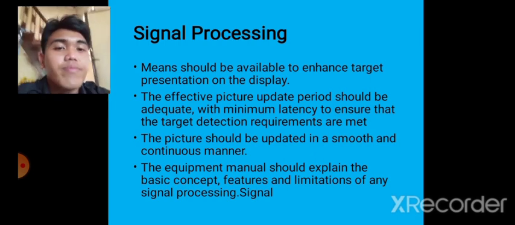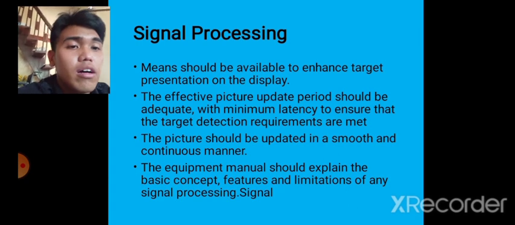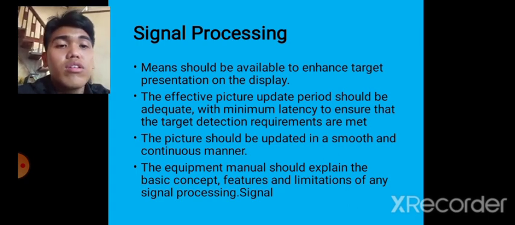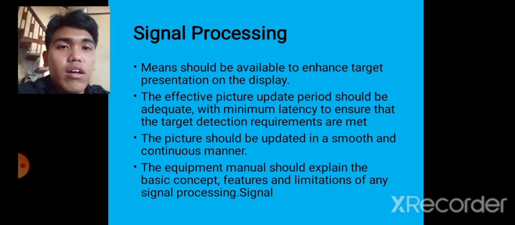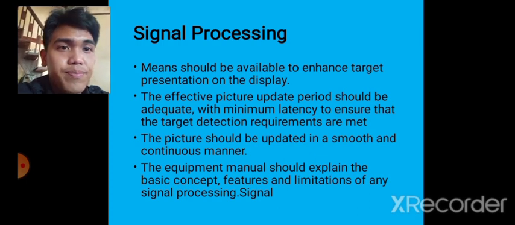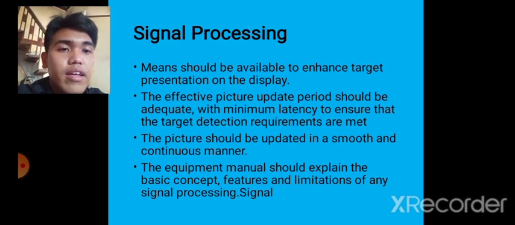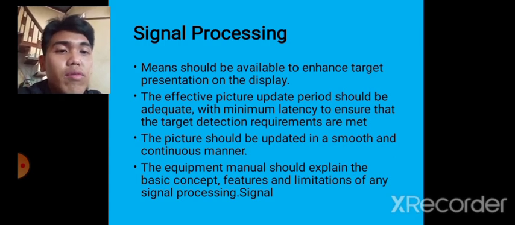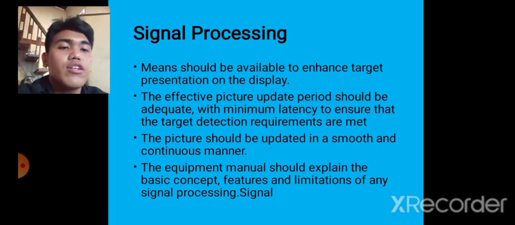Next, the picture should be updated in a smooth and continuous manner. So in signal processing, it obviously means that the signal must be provided in an updated and smooth continuous manner. Next, the equipment manual should explain the basic concept, features, and limitations of any signal processing.